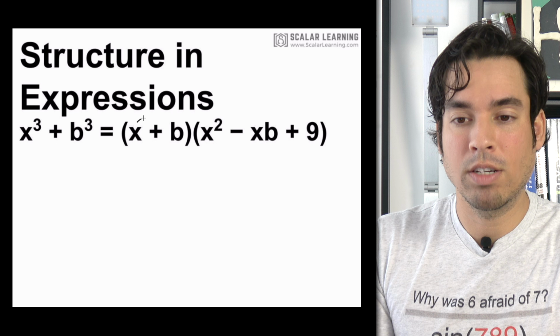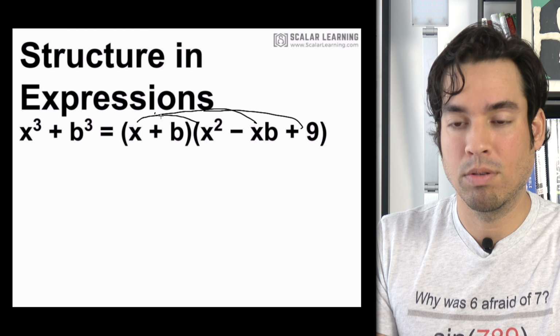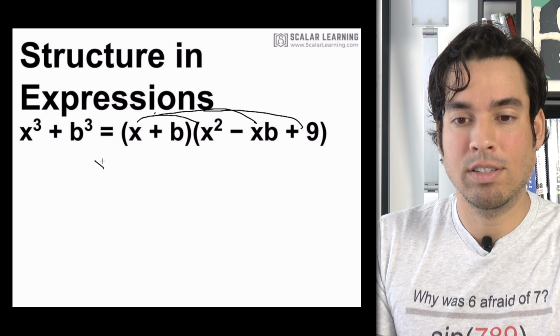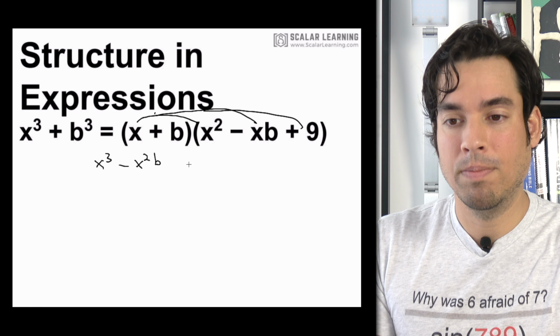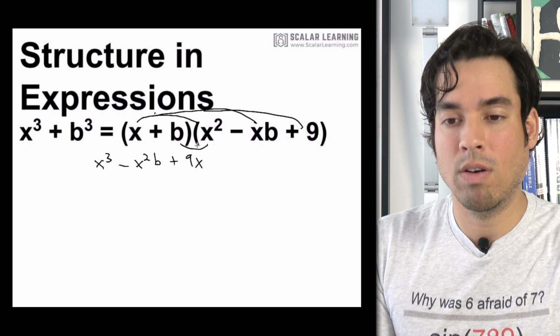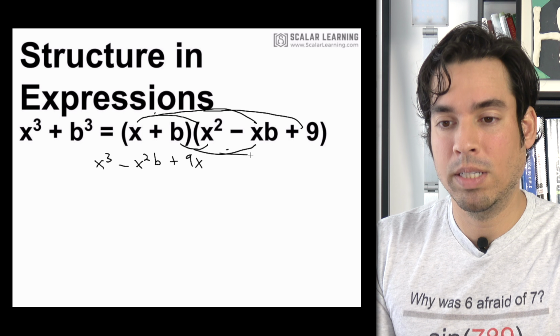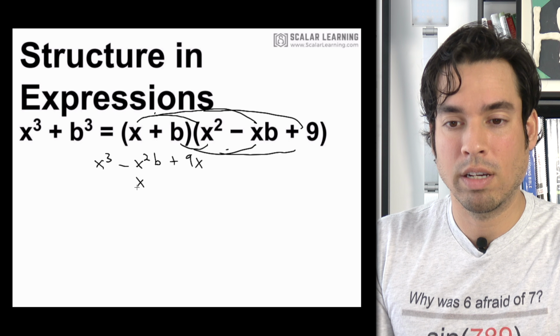So first I'm going to start by distributing, boom, boom, and boom. So I got x cubed minus x squared b plus 9x. Now I'm going to start with this guy. Now notice how I'm going to just kind of lay it out a little bit differently, and you'll see why in a second. So I'm going to do b times x squared, or let's call it x squared b.